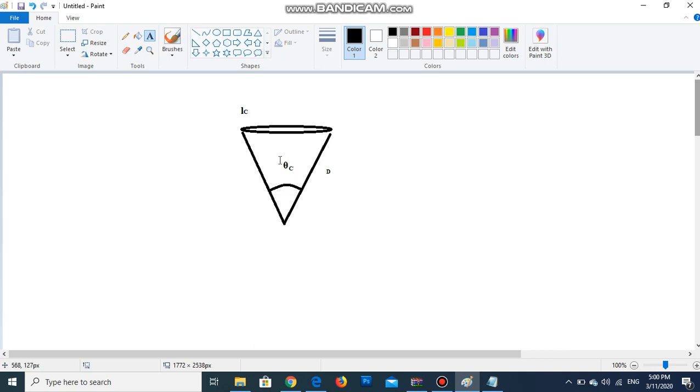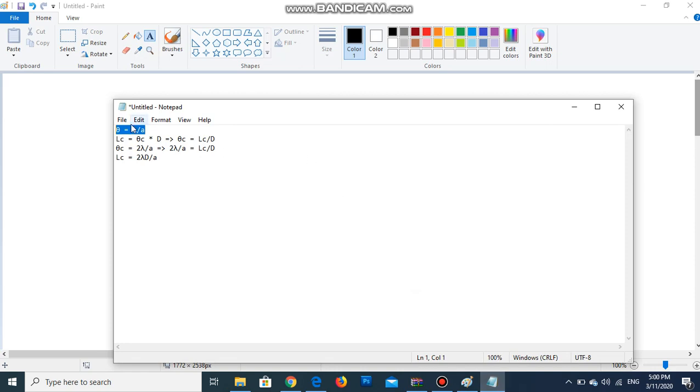And now I'm writing L_C and theta_C to mean that this is the linear width of the central fringe and this is the angular width of the central fringe. Now, I'm not going to show it, but it is simple to show that theta, the angular width of any fringe, is equal to lambda, the wavelength, divided by a, the width of the slit.